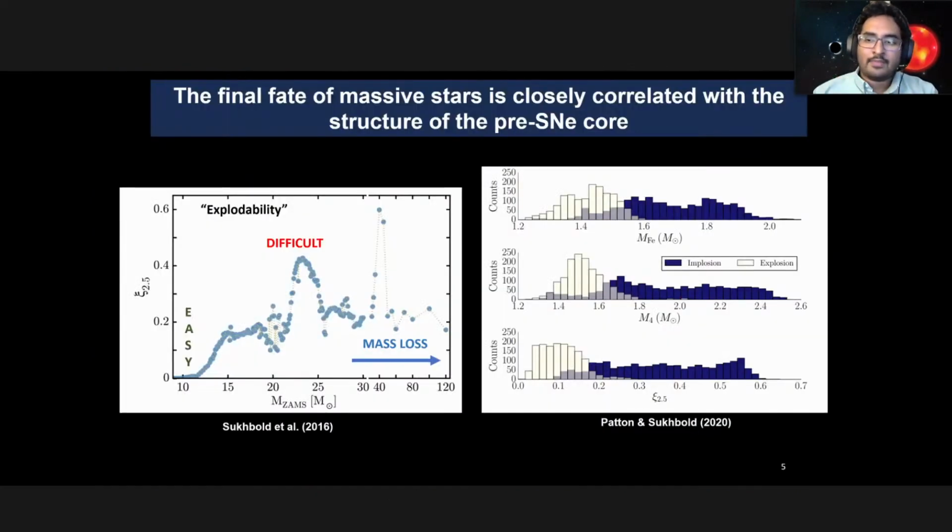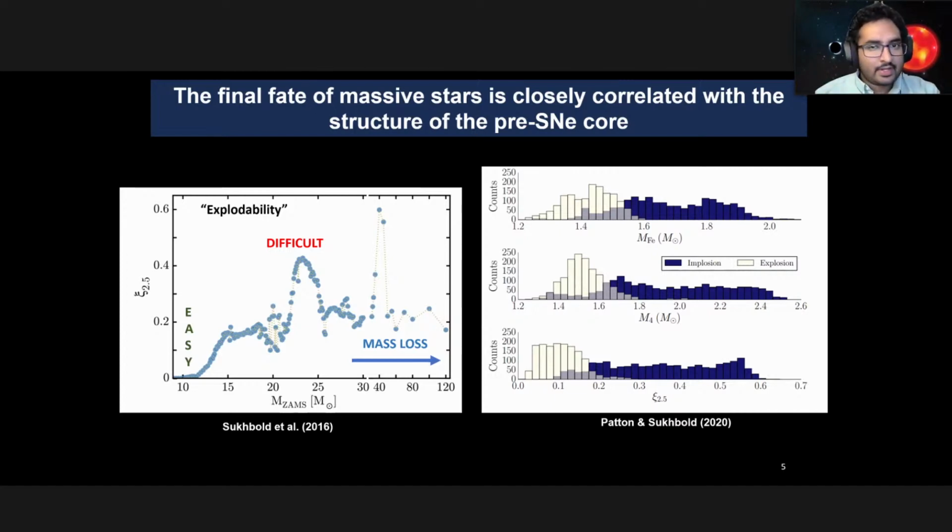So we know that when massive stars die, they leave behind compact remnants, such as neutron stars and black holes. However, it is very difficult to pin down their final fate for any given massive star. Many groups have been working to tackle this question by quantifying the so-called explodability of these stars. The idea is that more massive stars that explode leave behind a neutron star, whereas those that implode collapse to form black holes.